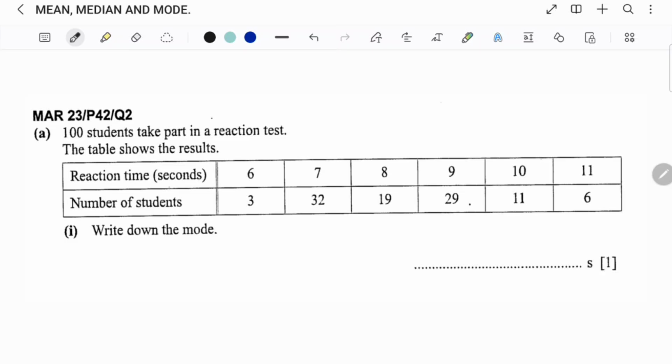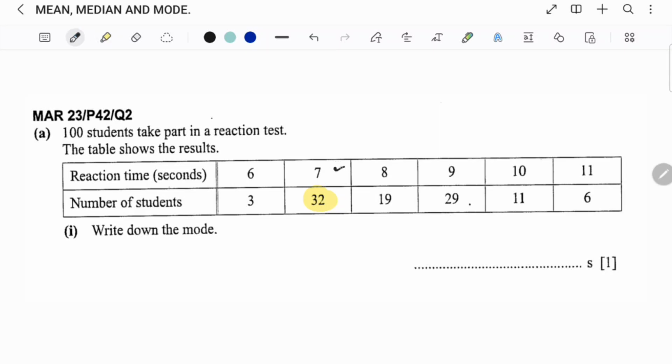First part, the mode is the most frequent number. The x value with the highest frequency is the mode. And we can see the highest frequency is 32 here. But 32 is not the mode.